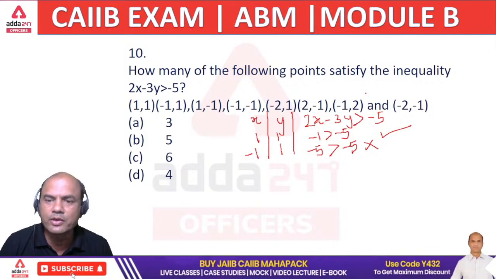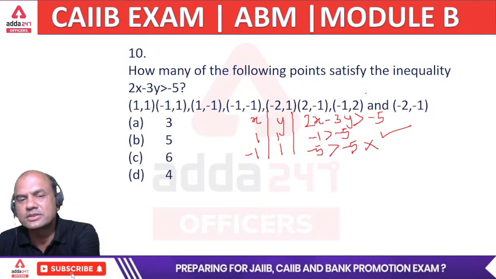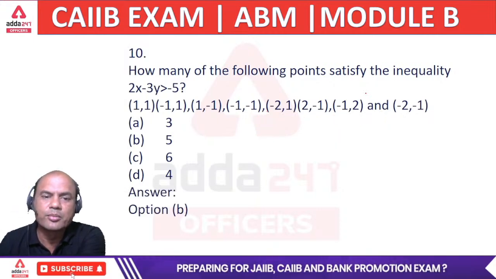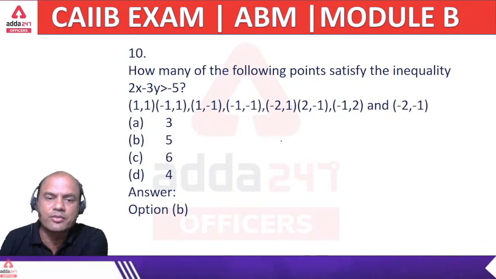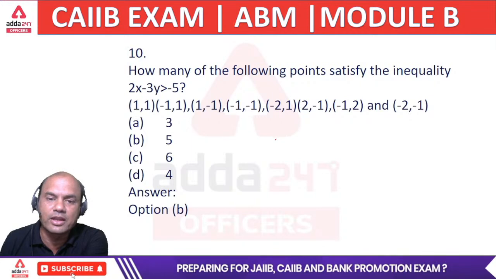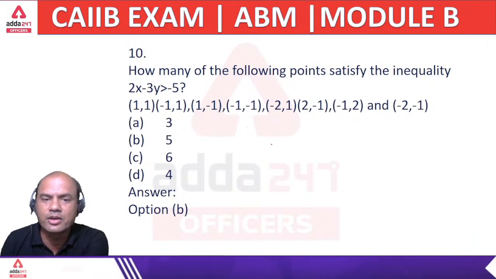Yes, some of you have solved it. 8, 9, and the last one is 10. So the answer is B. 5 points satisfy this. How many of you have got 5? Type yes if you have got 5. Don't type fake. Yes, many of you have got it correctly.